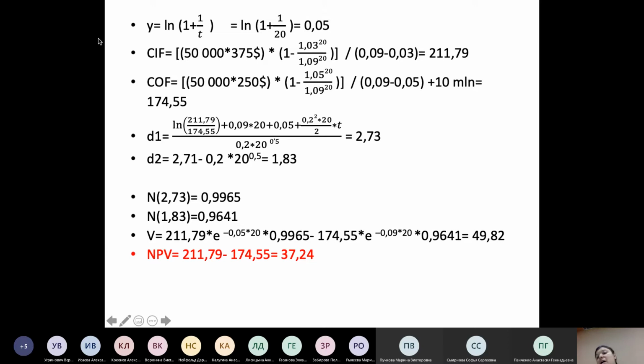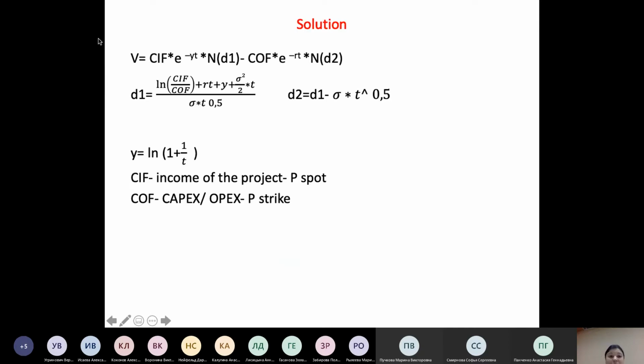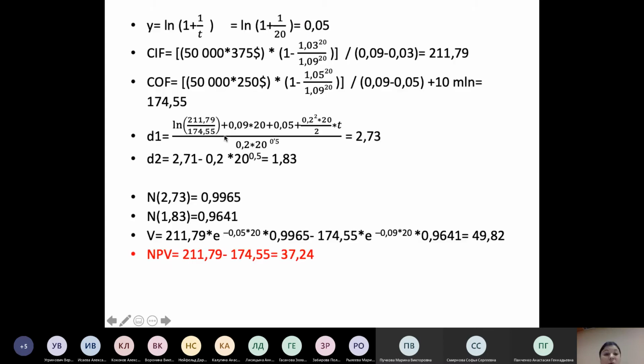But the formula, compared with the first scenario, was only added by losses in our dividends, by our Y component: Y as the exponent of our constant E, and Y as the added component for our D1.